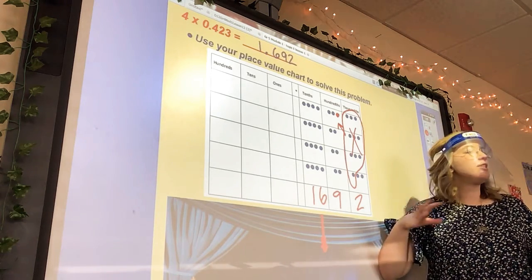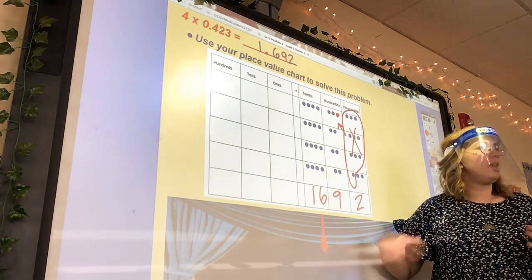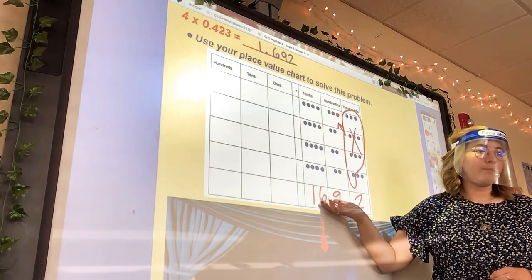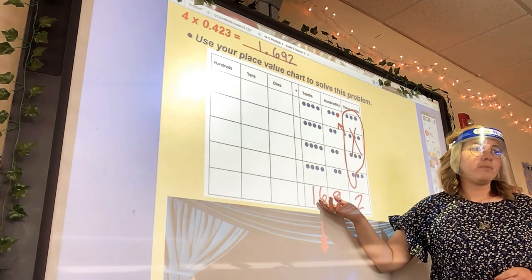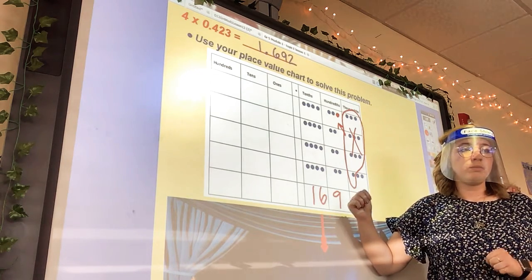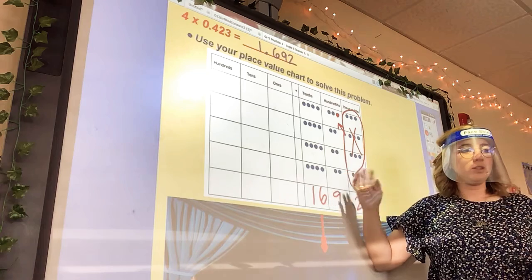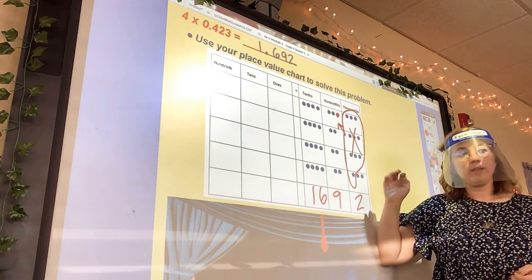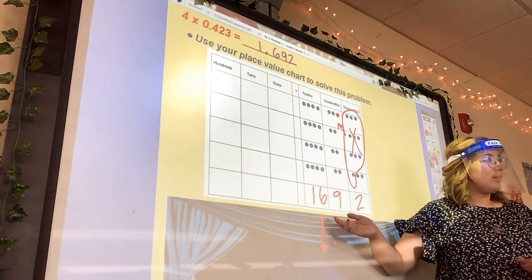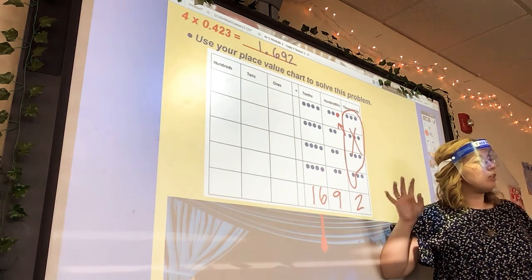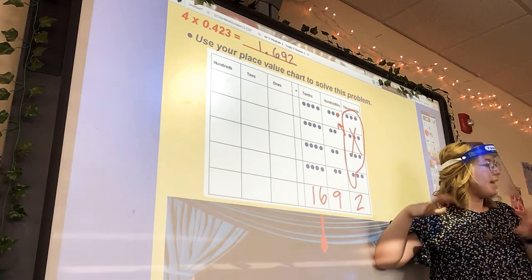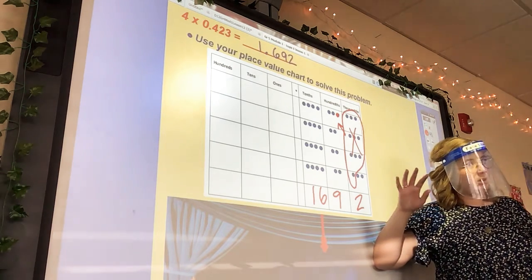I mean, now that you guys are old enough, you've done enough bundling in your life, you know what it looks like. Do I need to take it out of the way too? Flip it over or something so you're not distracted. Okay. All right. So you guys have done enough bundling in your lifetime to know that we circle a group of 10 and it moves over to the left 1 place value, right? Everybody knows that so far. Do you agree? Okay.